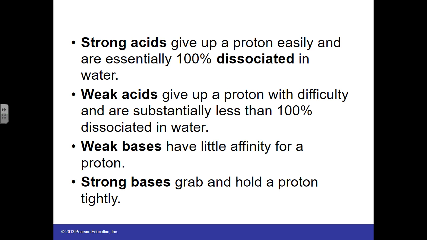However, with weak acids, the dissociation does not happen as strongly and is not as pronounced. Concurrently, bases tend to accept protons, and their tendency to accept depends on whether they're weak or strong. If they're weak, they have less affinity for a proton, and when they're strong, they're willing to go out and react with the H groups formed from the dissociation of an acid.